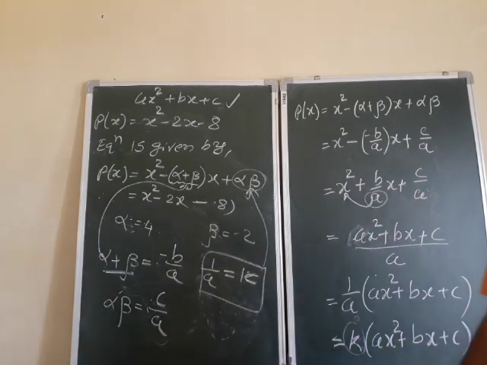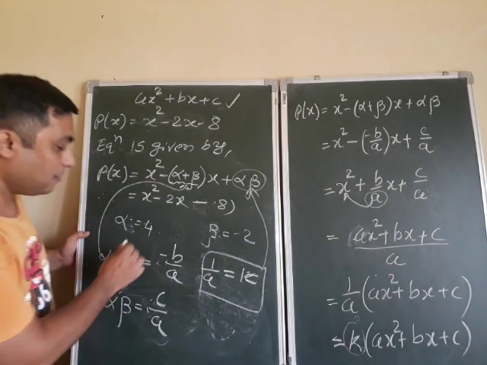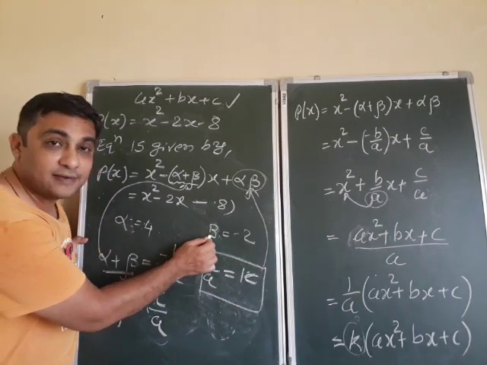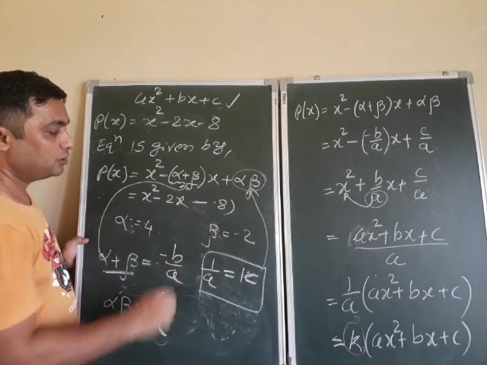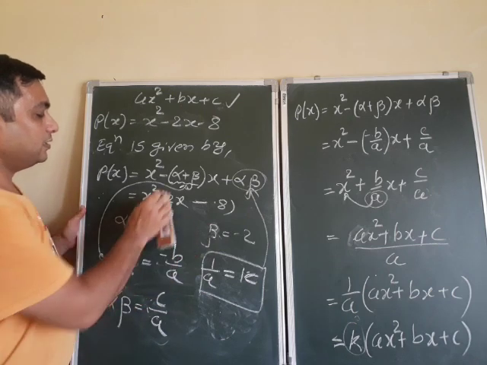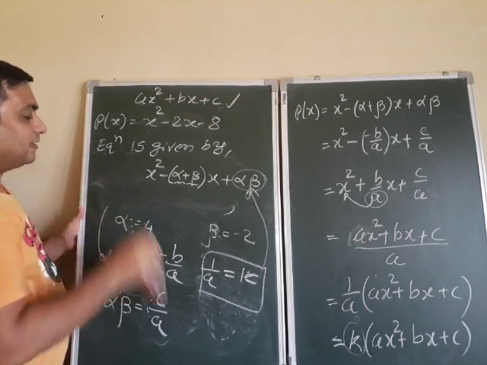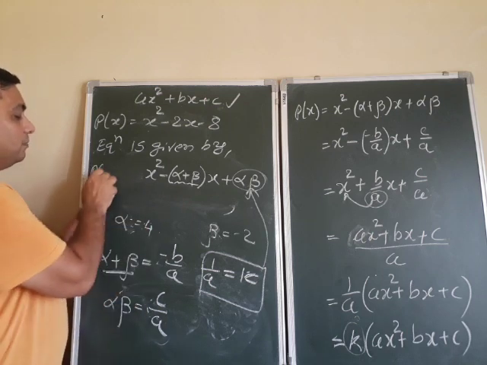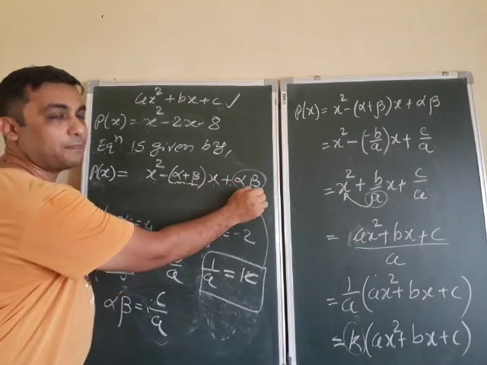So see, if the roots of the polynomial are given, one root is given as alpha, another root is given as beta. So by using these roots, the polynomial p of x is given by x square minus alpha plus beta x plus alpha into beta.